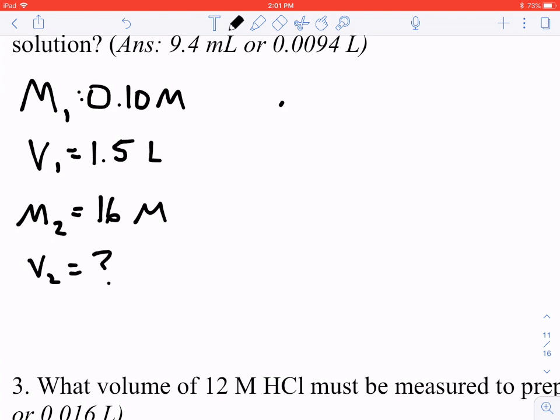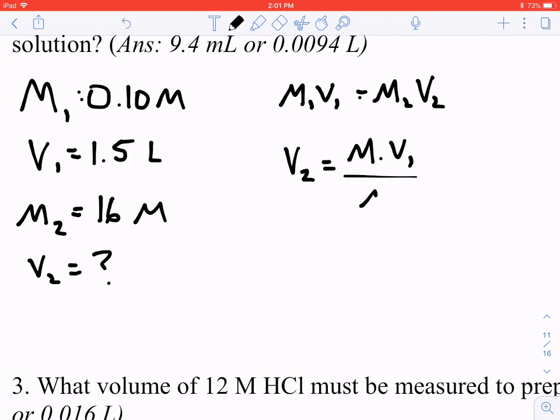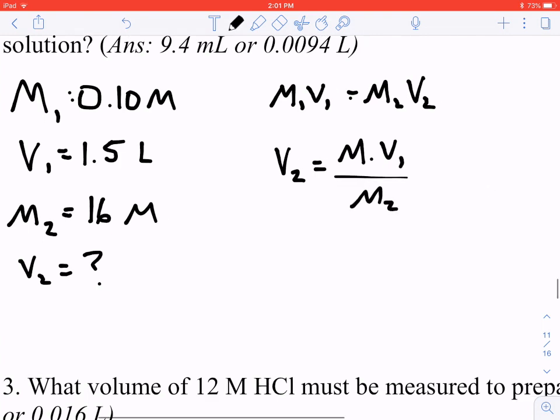So again, we're going to solve our M1 V1 equals M2 V2 for V2. So we'll divide out M2 from both sides, M1 V1 over M2. We'll plug in everything that we have.